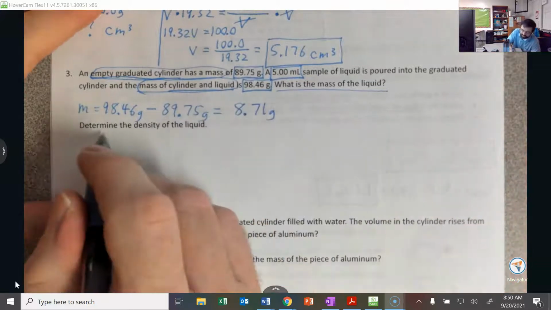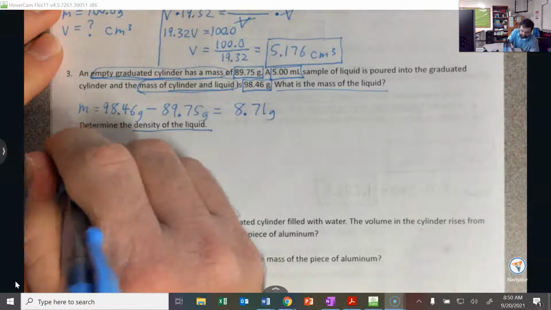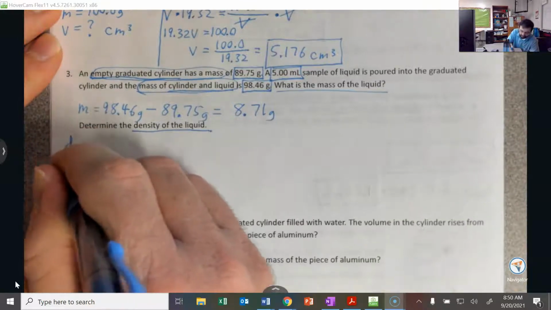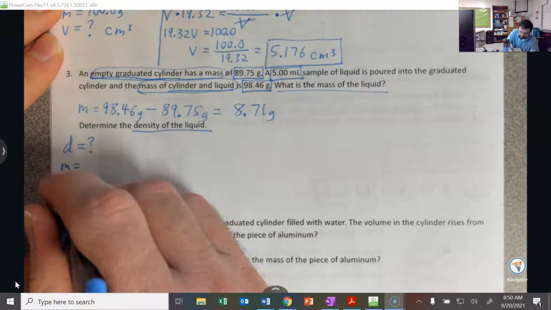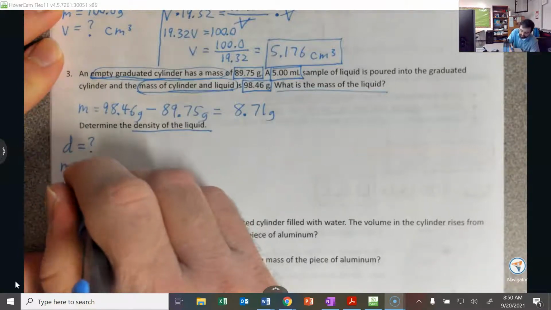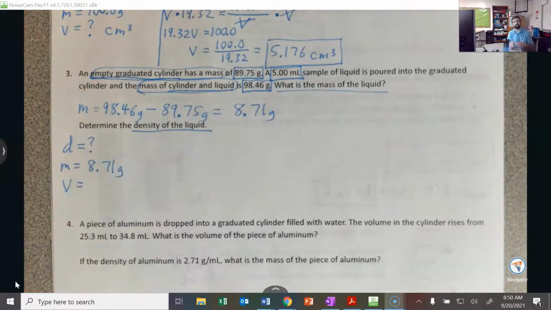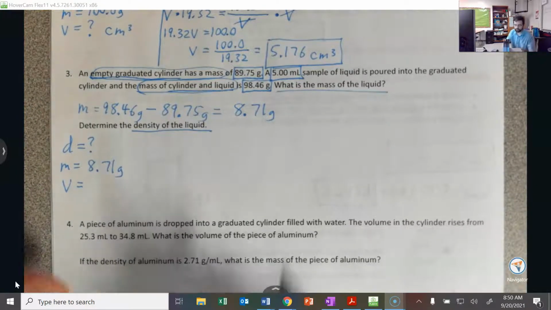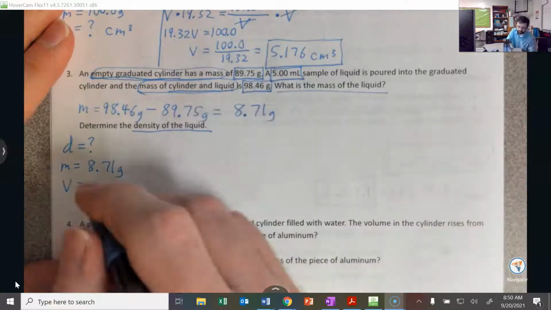Okay. Then it says to determine the density of the liquid. Well, to find the density, I have to have mass and volume. I found the mass to be 8.71 grams, but what about the volume? Look back at your problem. 5.00 milliliters is the volume.